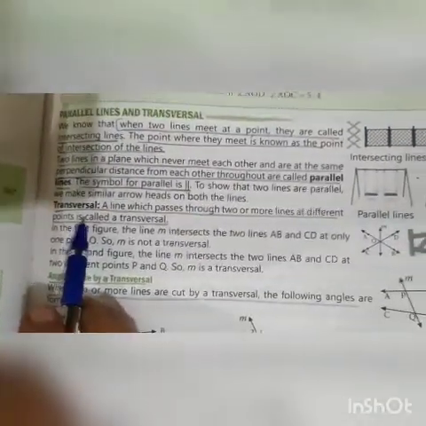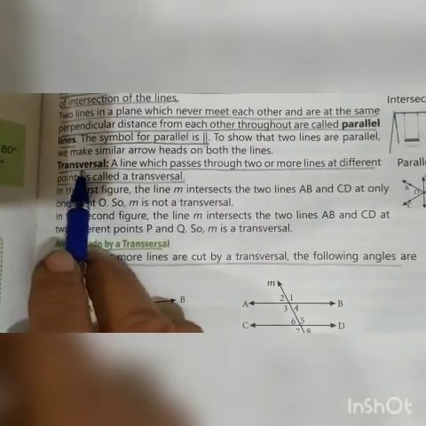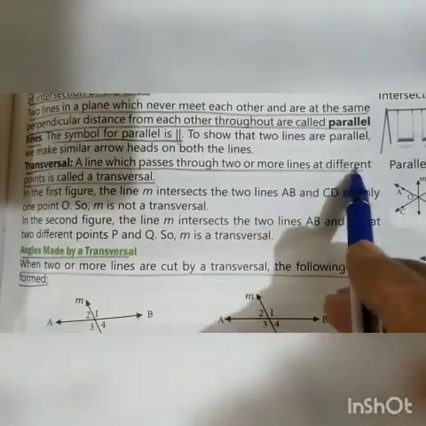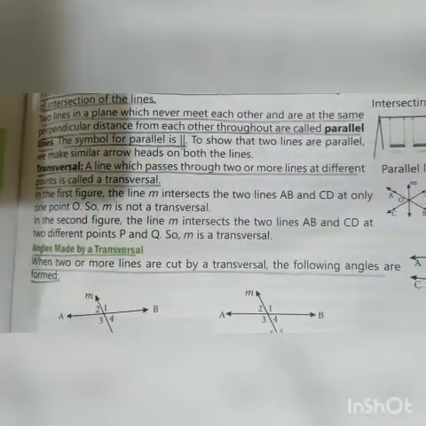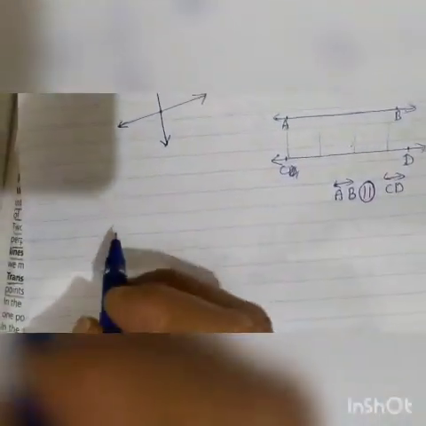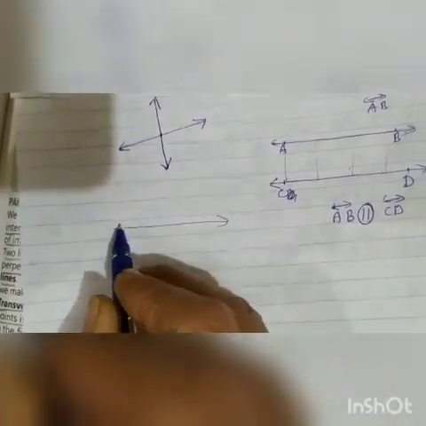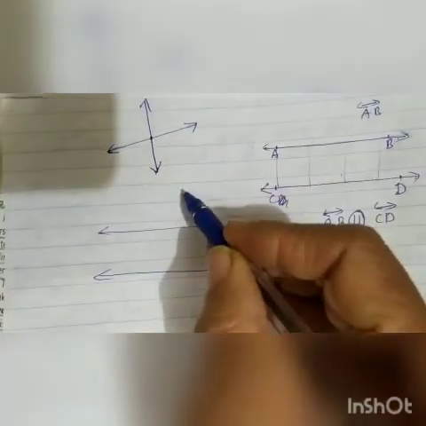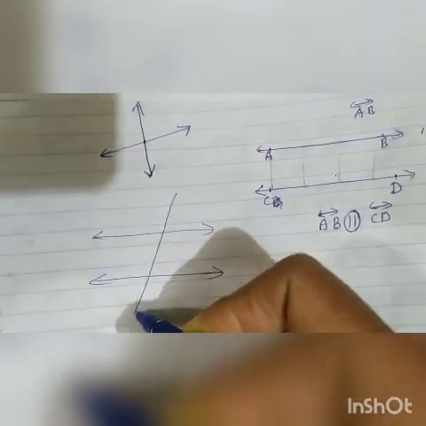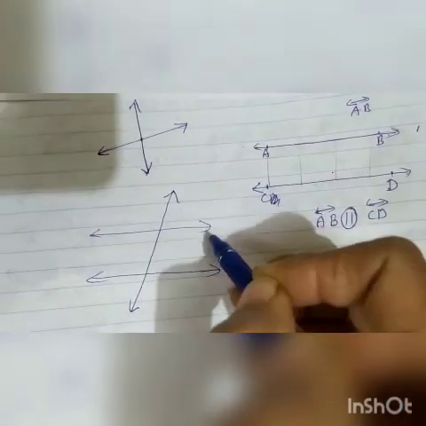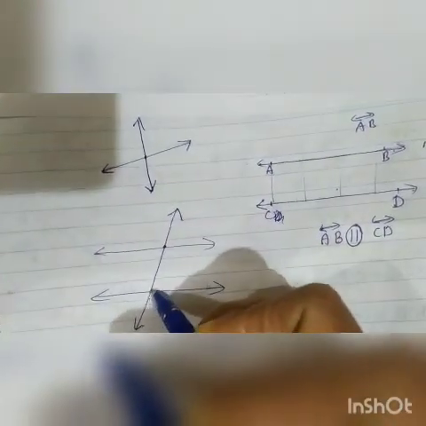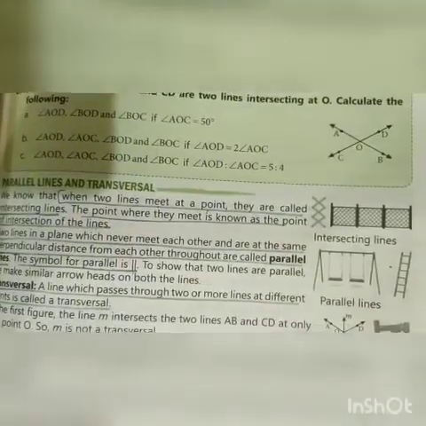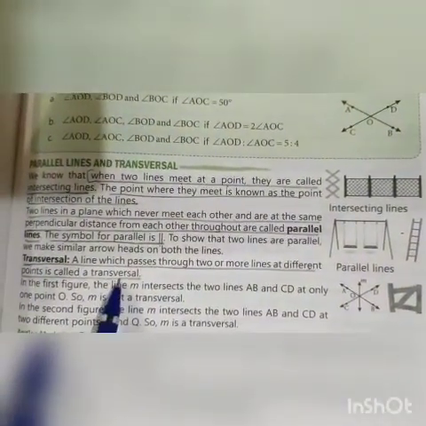Now transversal line. A line which passes through two or more lines at different points is called a transversal. Suppose these are two parallel lines and a third line is intersecting these two lines at different points. Then this third line is known as the transversal line.